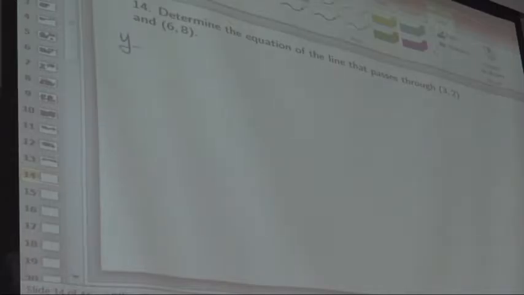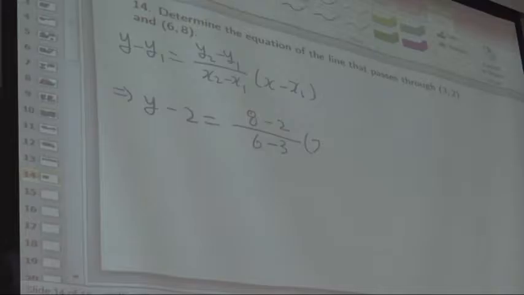So y minus y1 equals y2 minus y1 over x2 minus x1, times x minus x1. So y minus 2 is 8 minus 2, 6 minus 3, x minus 3, which is 6 over 3, so that is a 3, x minus 3.